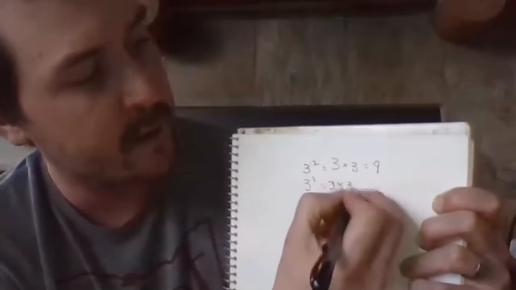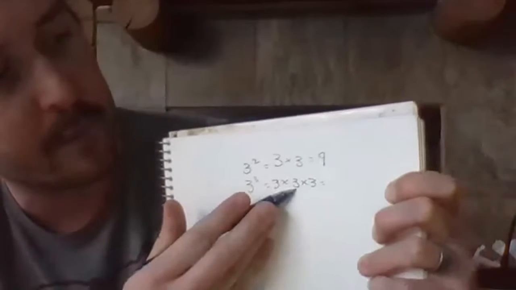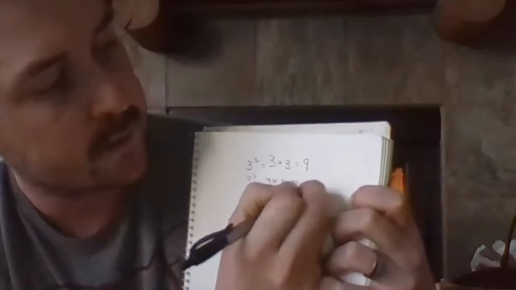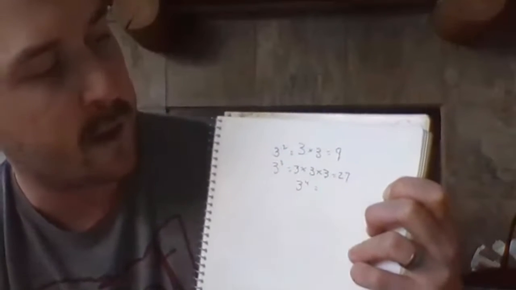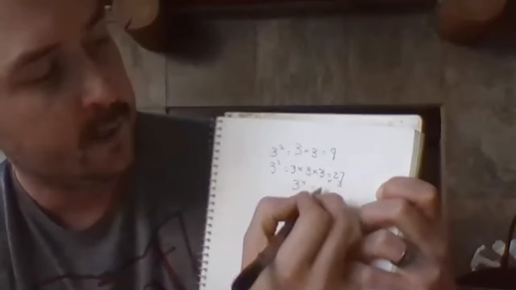Actually, we're going to be multiplying 9 by 3. So 3 to the 3rd power, 3 cubed, is going to be 3 times 3, which is 9, and 9 times 3, which is 27. So that means 3 to the 4th power, 3 to the power of 4, will be 27 times 3, 81.